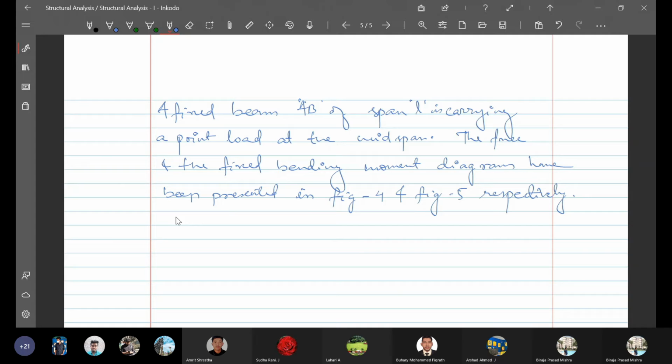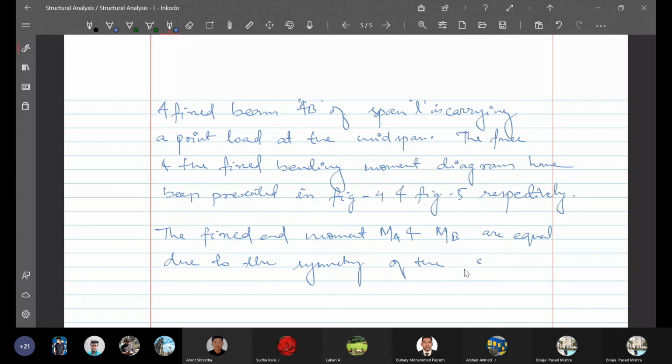Now the fixed end moments MA and MB are equal due to the symmetry of the structure.